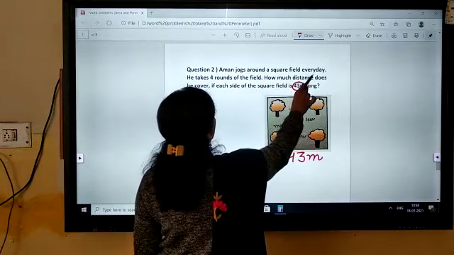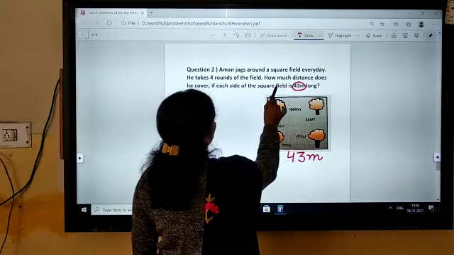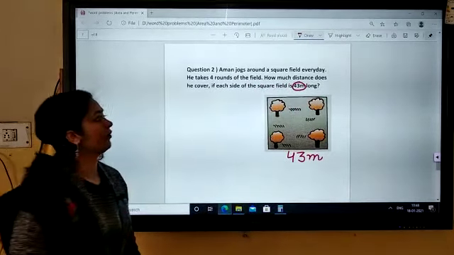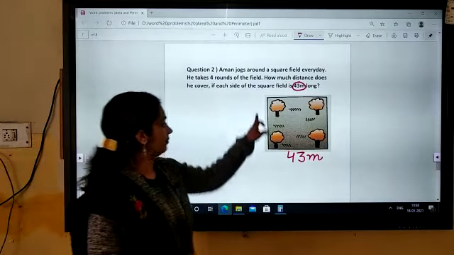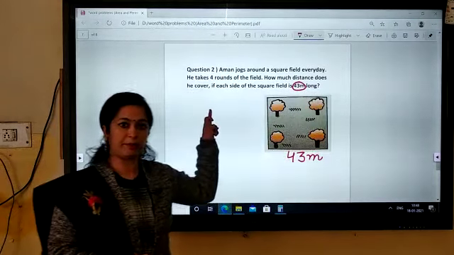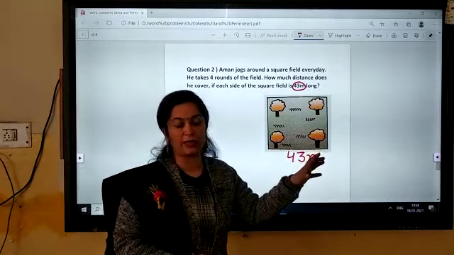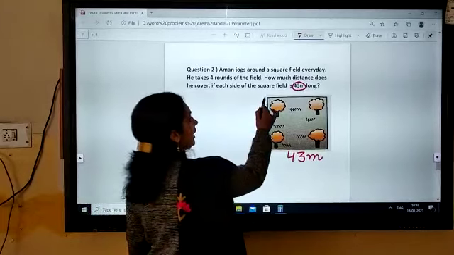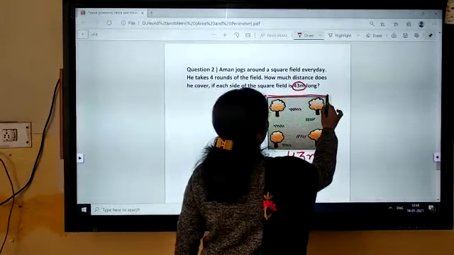How much distance does he cover if each side of the square field is 43 meters long? First thing, the park is square in shape. All the sides are equal. Secondly, he is jogging. Means if he starts from this point, he jogs like this.